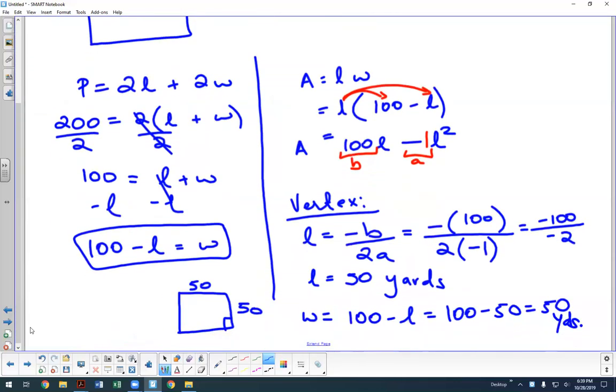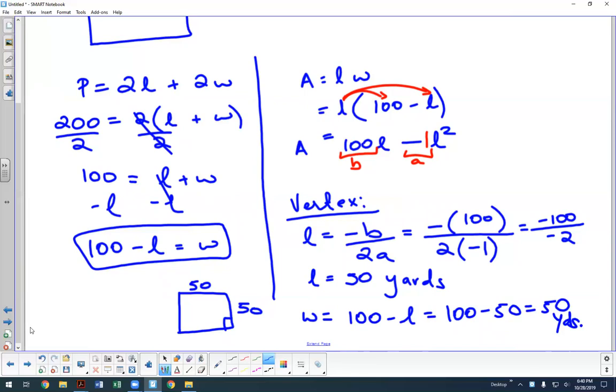Once I came up with this formula, we knew we needed to maximize our area, which means we needed to fall back on the area formula, length times width. Since I'm keeping my variable in terms of L, we left the length as it is and we substituted for the width with the 100 minus L. Distribute that L. Your quadratic equation came out to be A equals 100 times L minus L squared.